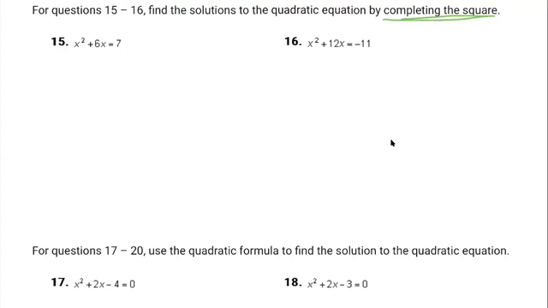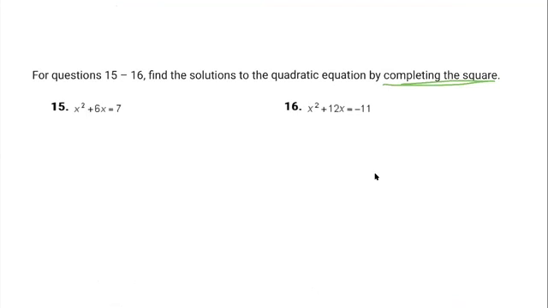Okay, so for this one here, completing the square. All right, so when we're completing the square, this is where we are going to add that b divided by 2 squared term to complete the square.